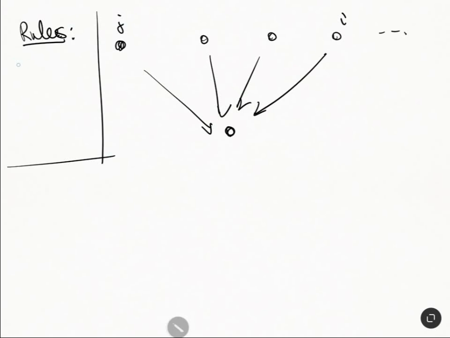Okay, so here's j, here's I, and then we have the Kummer maps going down like this. The rules are that psi a Kummer is equal to Kummer psi a, and let's see how we do this.